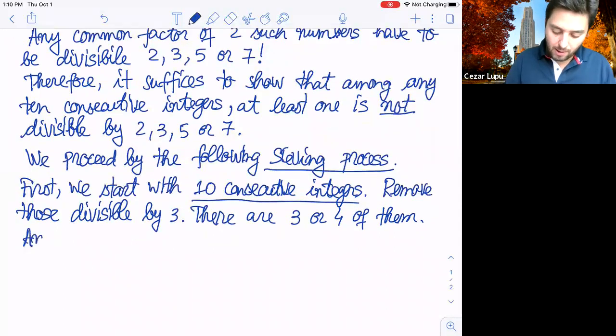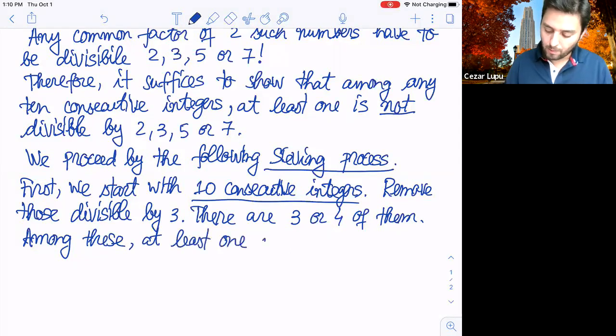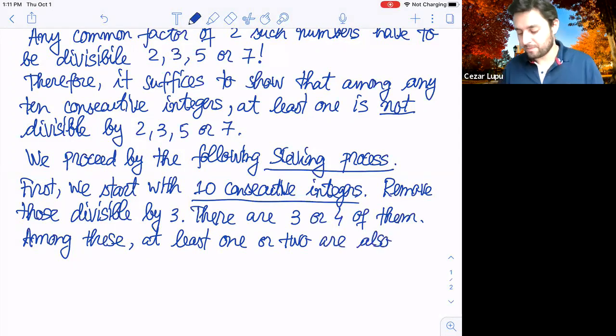All right. Well, among these, at least one or two of them are also divisible by 2.